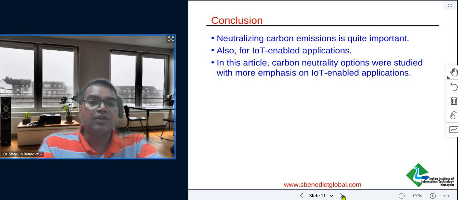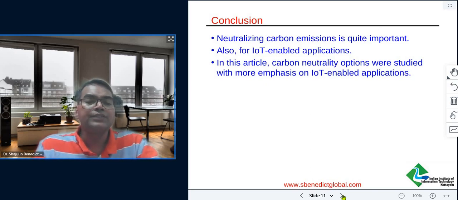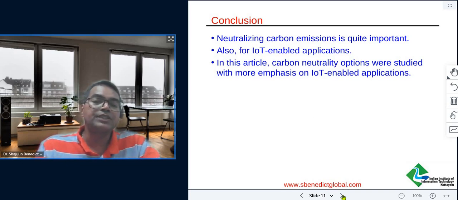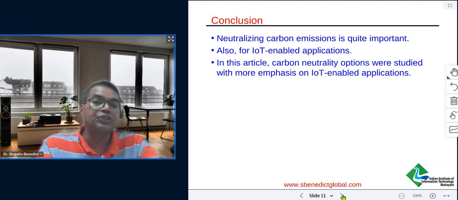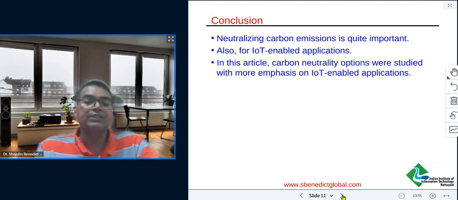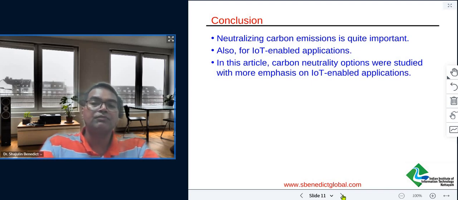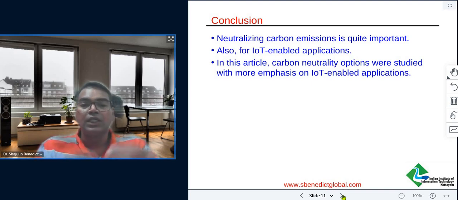There are so many approaches to neutralize carbon emissions, and what I come forward to express here is IoT enabled applications are really contributing more energy consumption, which indirectly creates carbon emissions. And as IoT enabled application developers, we have to be very, very careful to control this kind of carbon emissions.